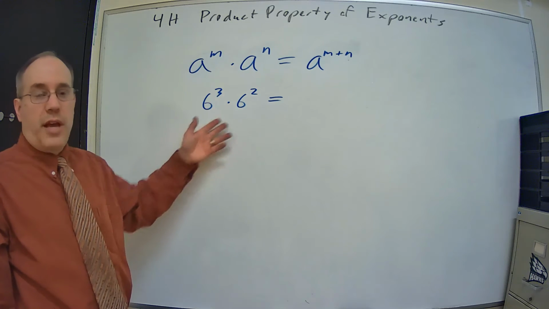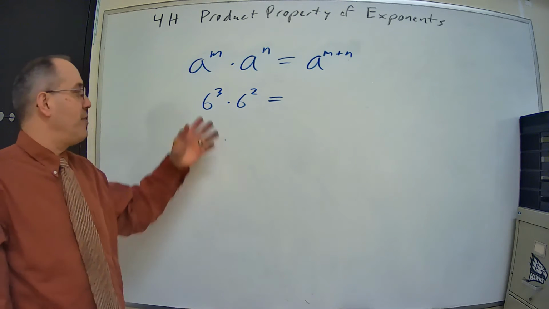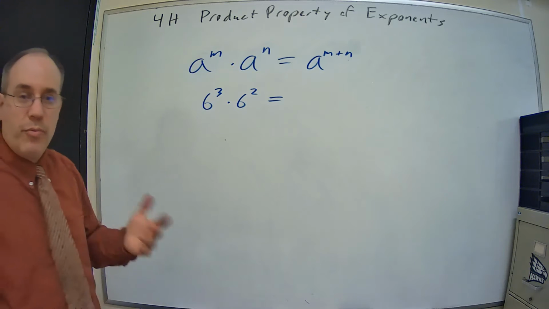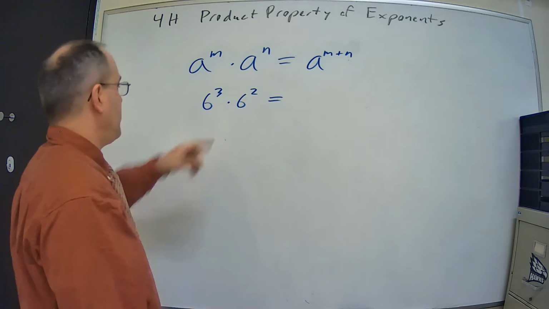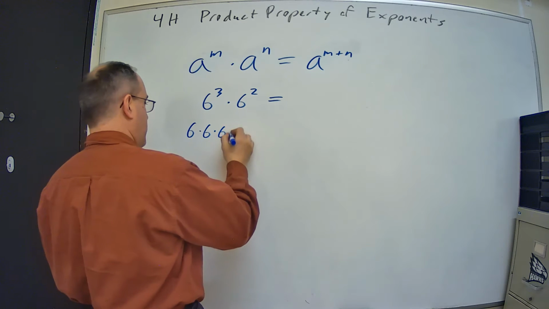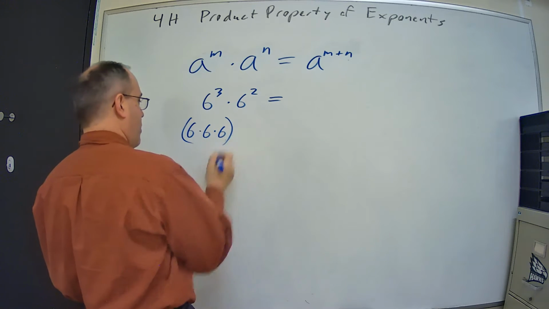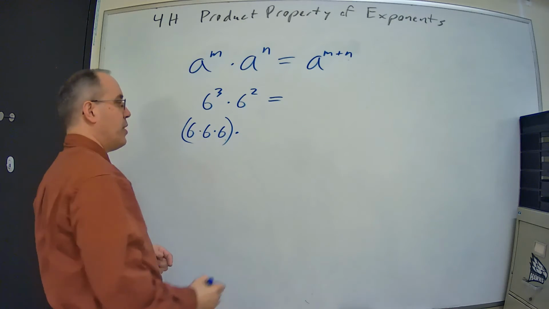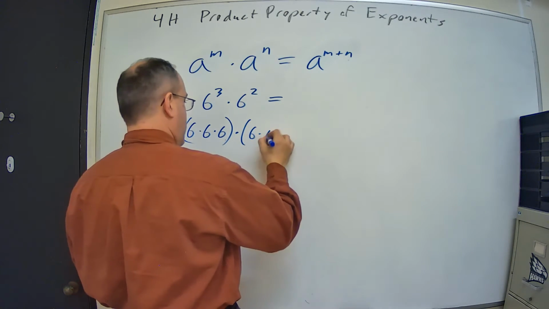Well, 6 cubed times 6 squared, obviously we can plug that into our calculator, but let's look at what's really happening here. 6 cubed is 6 times 6 times 6, right? 6 squared is 6 times 6.